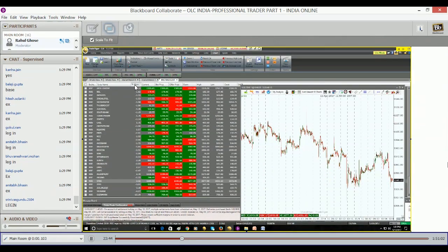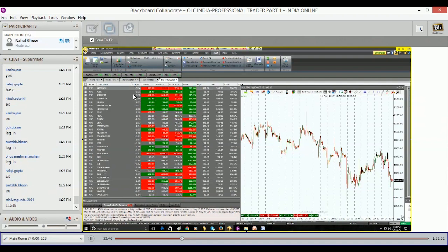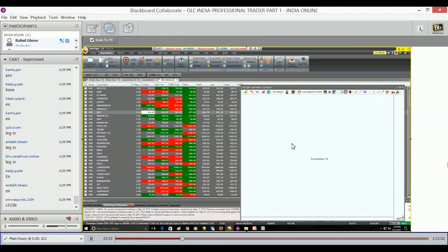Oh, nothing great over here. Infy's had a good move up today. Let's see if we can plan something.